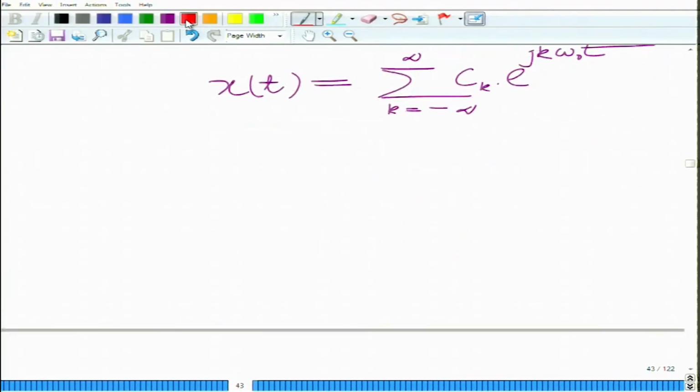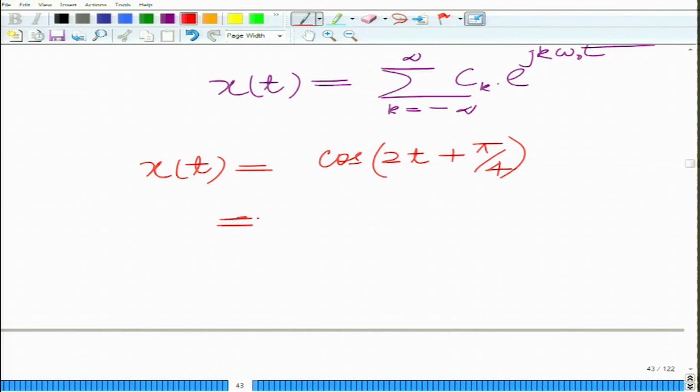Okay. And now, rather than evaluate the coefficients directly, I can evaluate this as x t equals cosine 2 t plus pi by 4, which is, cosine theta is e raised to j theta plus e raised to minus j theta divided by 2.